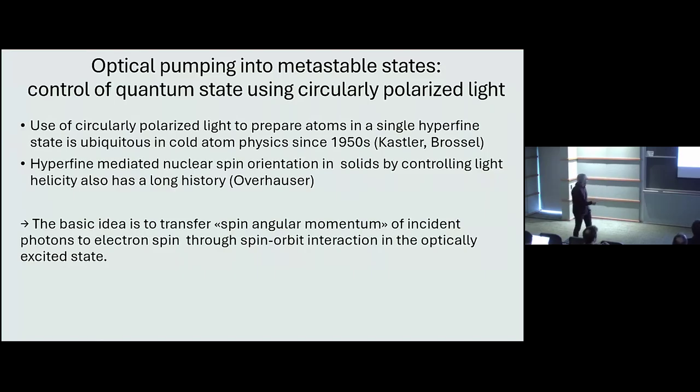The basic idea here is that you transfer the spin angular momentum from photons either directly to atoms or through electron spin, by making use of spin-orbit interaction, to create these metastable ordered states.